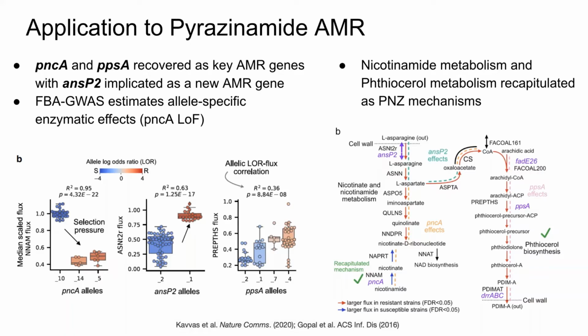There's a paper in 2016 that identified thioceryl metabolism as a mechanism of pyrazinamide resistance through CoA regeneration. We also hypothesize ANSP2 alleles confer resistance through modulation of coenzyme A. And so that's a completely new hypothesis identified purely computationally.